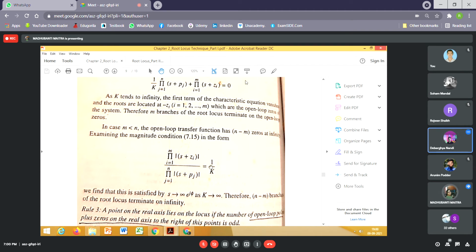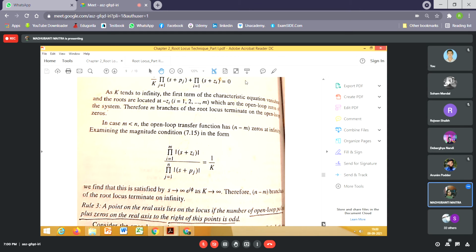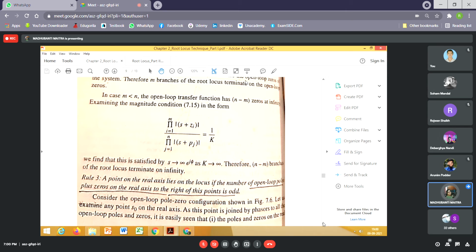And obviously the right hand side is 1 by k, right? So in the denominator, since n is greater than m, we'll be left with a term which is s to the power n minus m.